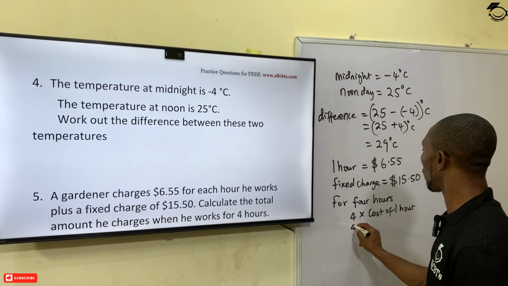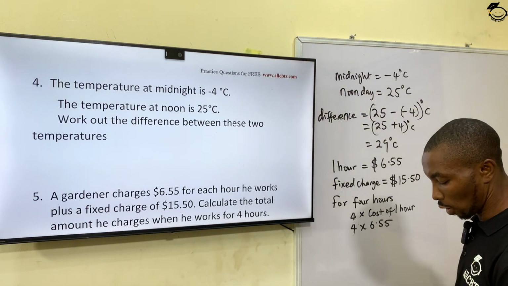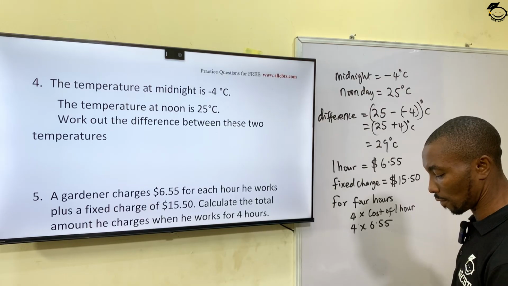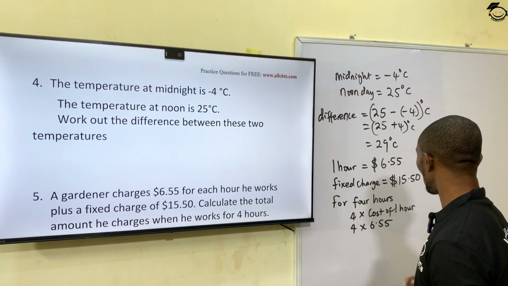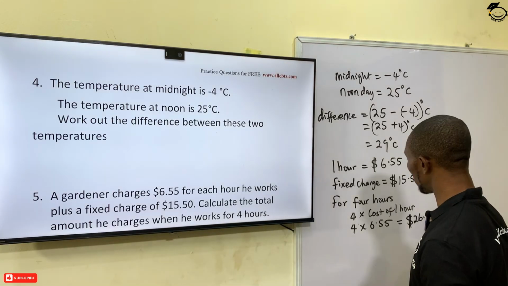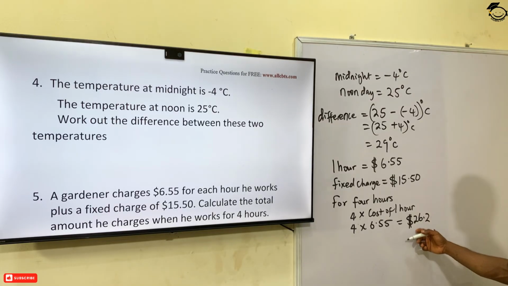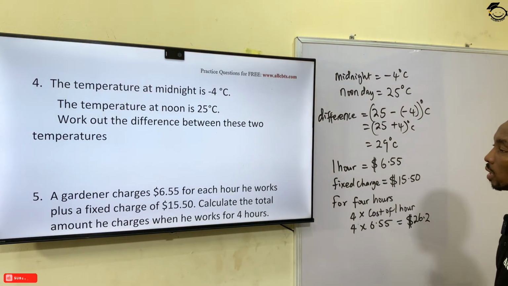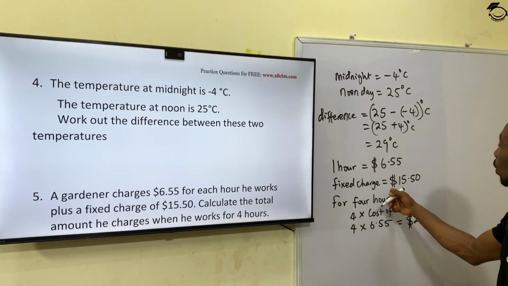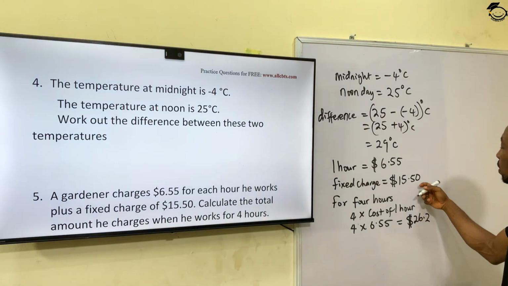So this becomes 4 times 6.55. So 4 times 6.55 gives us $26.2. So now, if he's charging $26.20, that means plus his total cost would be 4 hours plus the fixed cost.